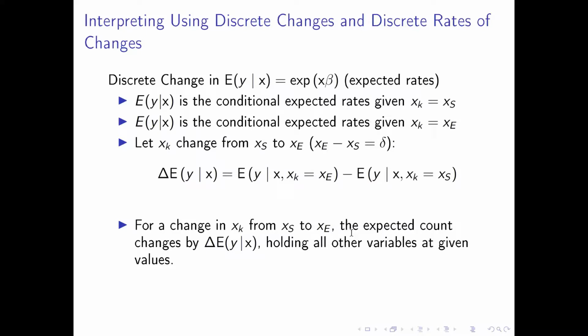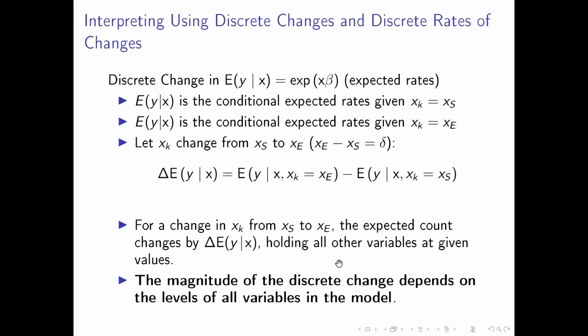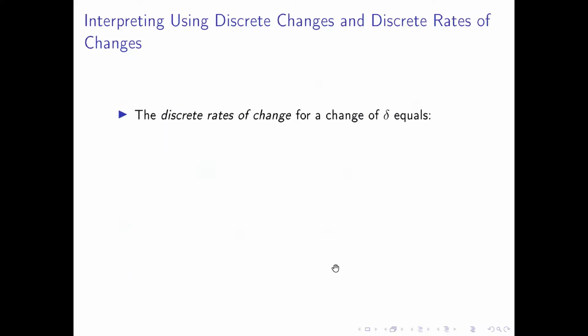But in this case, for discrete change in expected count, and later in predicted probability, we have to know where we hold the covariates to be, where are the values of covariates, okay? So in this case, the magnitude of the discrete change depends on the levels of all variables in the model, okay? Not simply this generic variable xk of our interest.